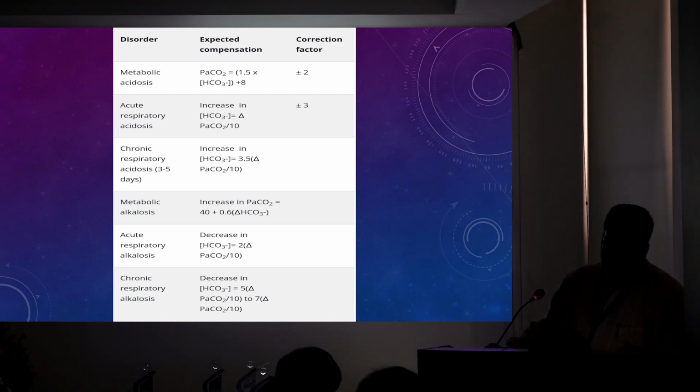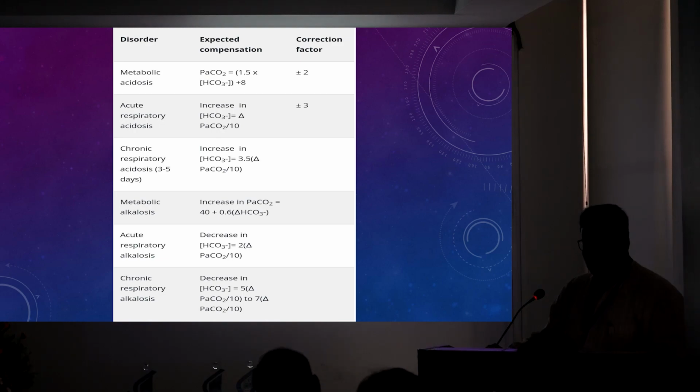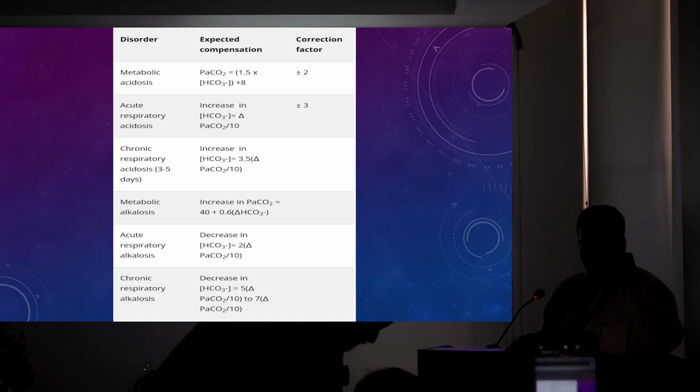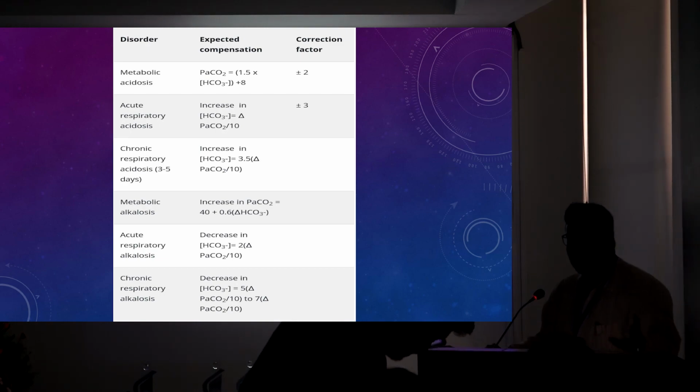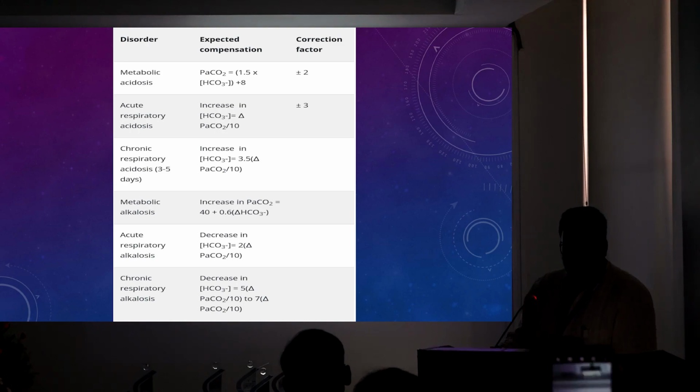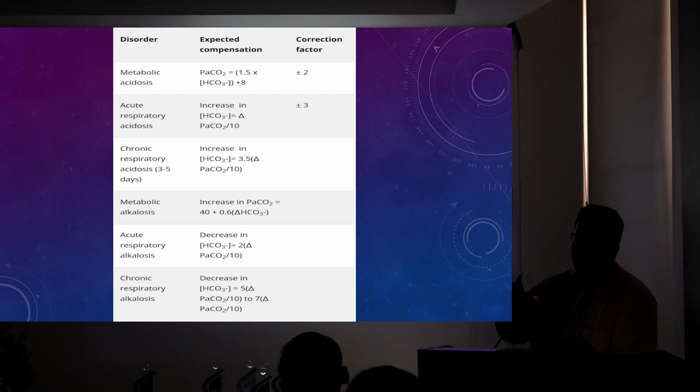As far as the change in respiratory acidosis is concerned, the increase in bicarbonate is 1 for each change in PaCO2 of 10 if acute, and 3.5 times that if chronic. In respiratory alkalosis, the decrease in bicarbonate is 2 for each change in PaCO2 of 10 if acute, and 5 to 7 depending on the duration of compensation.